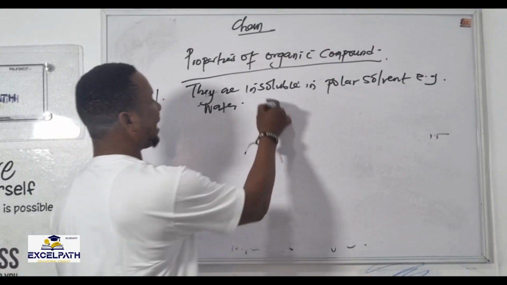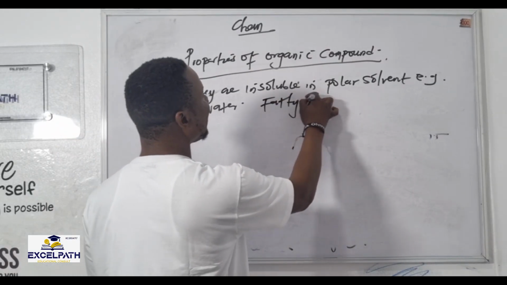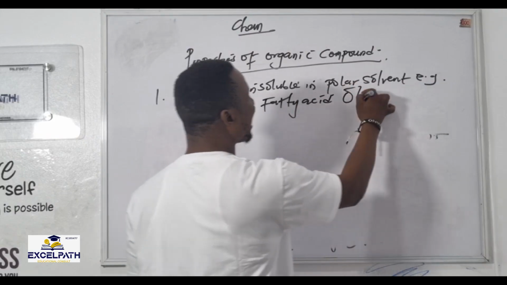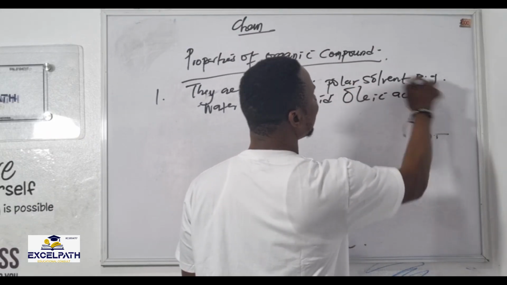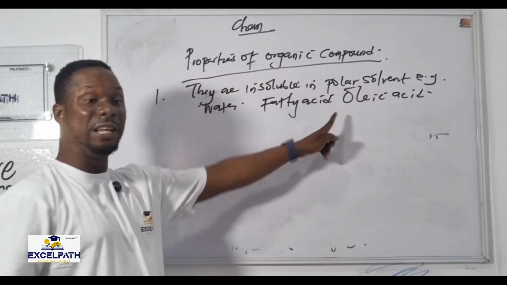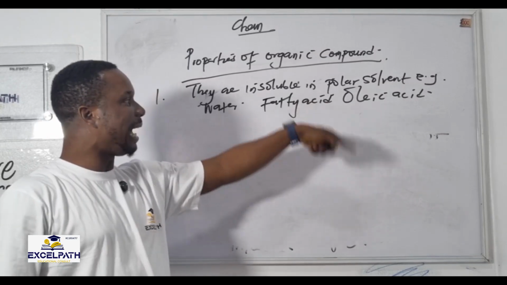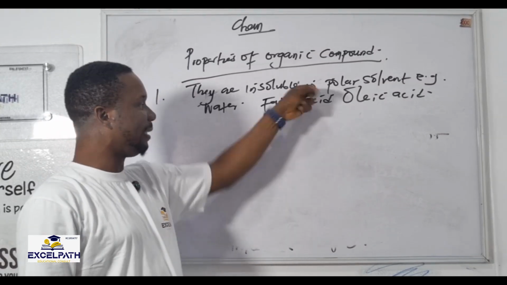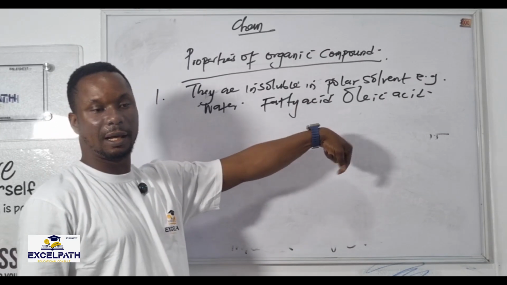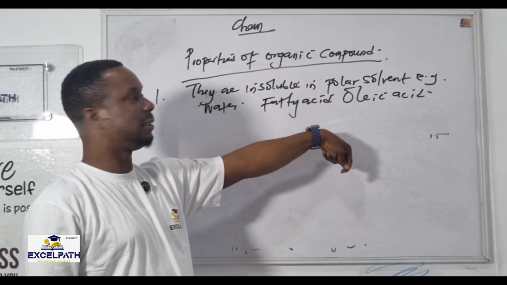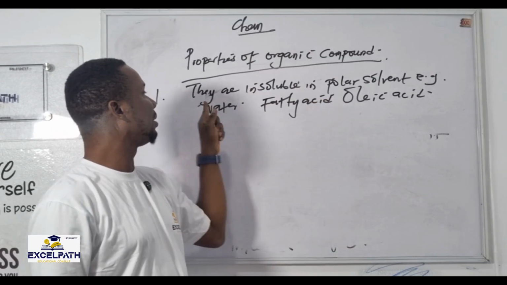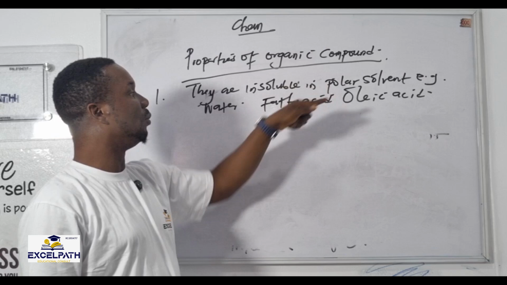Let's use fatty acids, like oleic acid, an example from olive oil. Dissolve oleic acid inside water and you observe that it will not dissolve. It shows that oleic acid is insoluble in water.